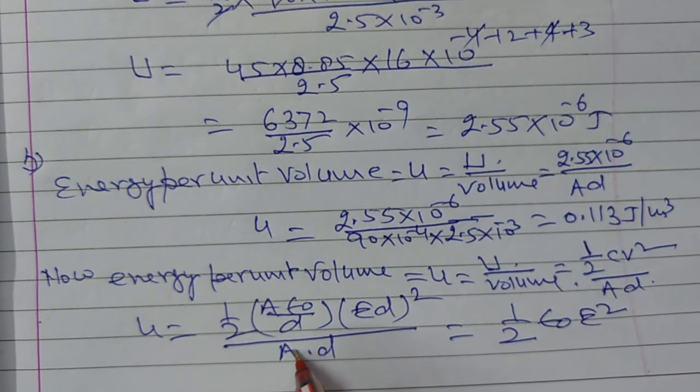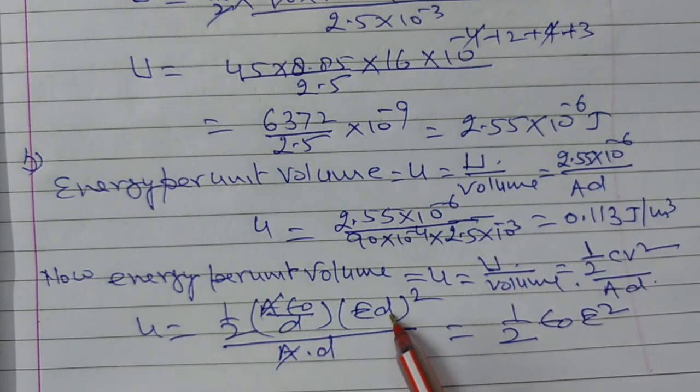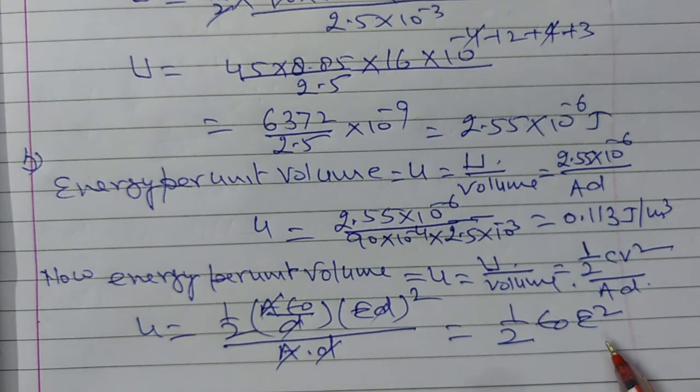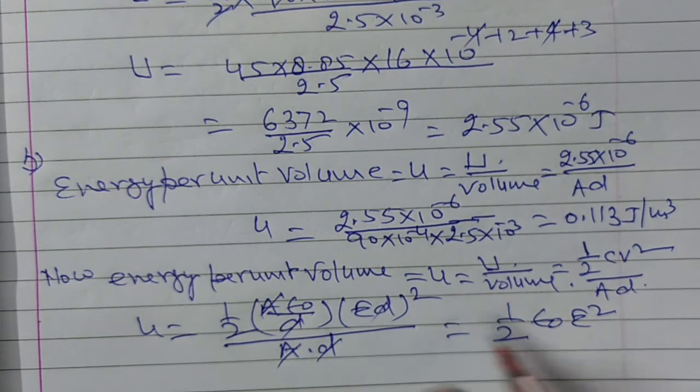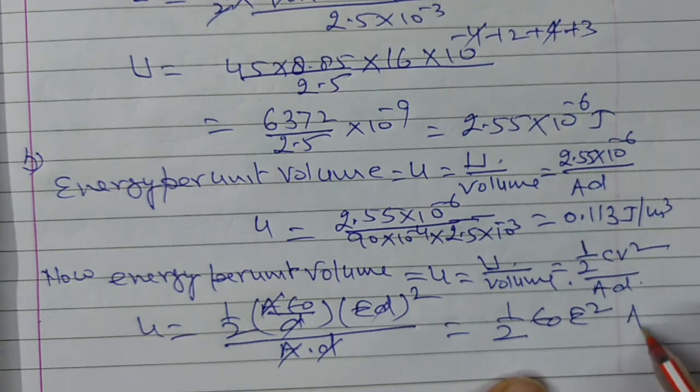This A is cancelled by this A, and D square upon D is D, so D cancels. Therefore, this is half into epsilon naught E square. This is the required relation between small u and E square.